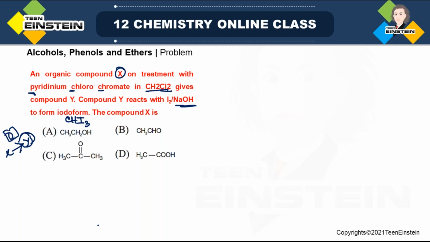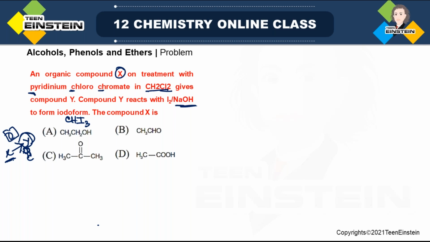Now as you are using PCC, that is an oxidizing agent, with X, that means after oxidation you are getting Y. So there must be some carbonyl group, right? Now when you are using PCC and you are getting a carbonyl, what will be the nature of X? It must be an alcohol, right? So alcohol treated with PCC, that means oxidizing agent, gives some carbonyl compound, and that carbonyl compound gives the iodoform test.